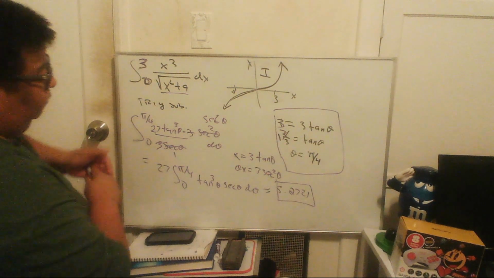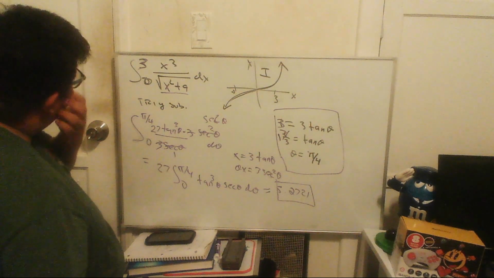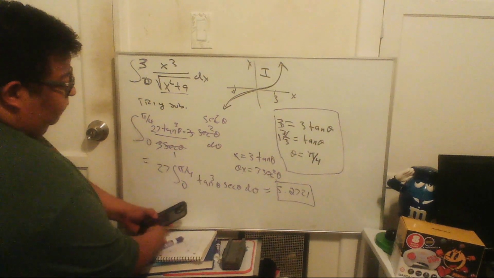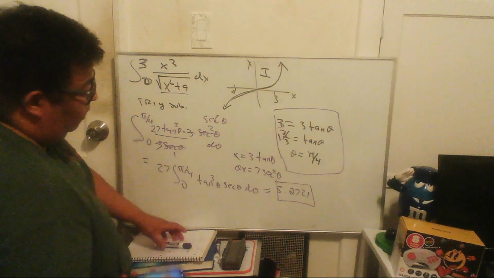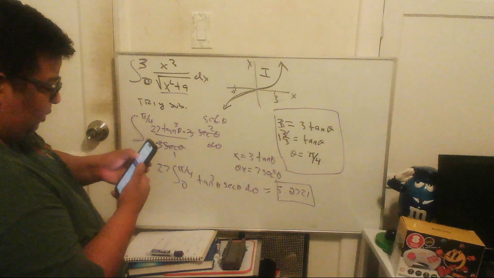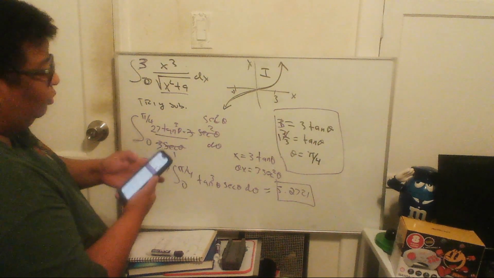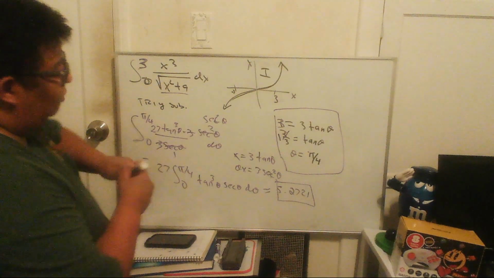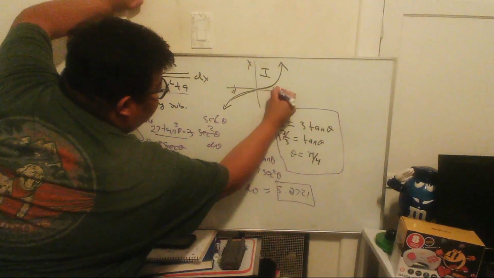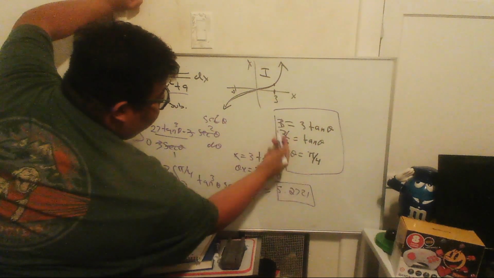Okay, so now let's see. When is tangent equal to 1, that's what we need to find. We see tangent of pi over 4 is equal to 1. That is correct. So basically, to make sure that we're getting this here, we need to do this equation.